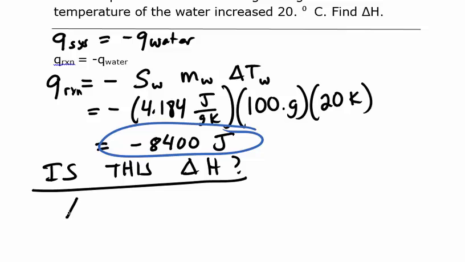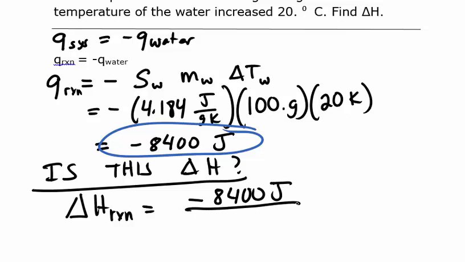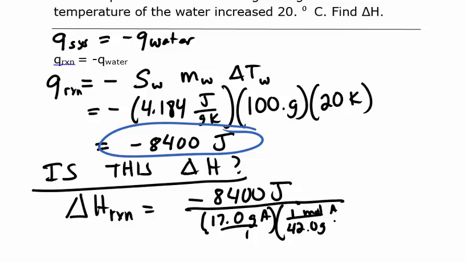Alright, so our delta H is going to equal that heat, and then we just have to divide by the number of moles we used. Okay, how many moles do we use? Well, we have to start with the grams and convert it to moles. And the molar mass of A was given, 42. Okay, so basically I took the heat we had, I'm dividing it by the number of moles.